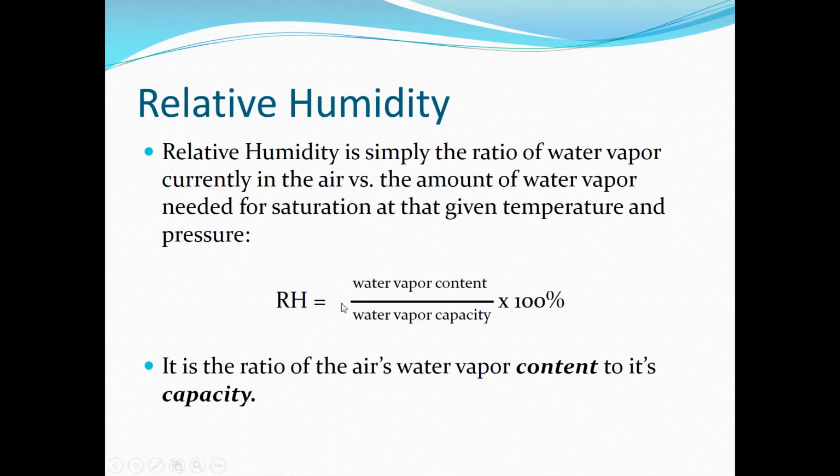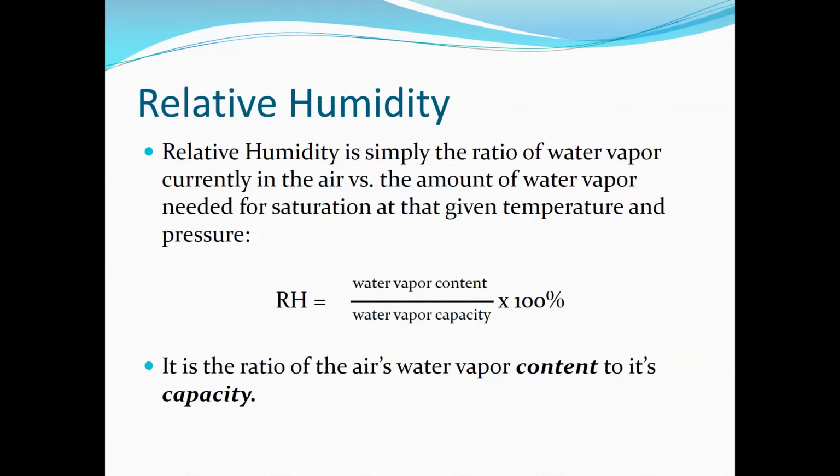Here you have to look at the saturation vapor pressure, and the way to figure that out is you need to know what the temperature is. So really, at the end of the day, you can change relative humidity by one of two things: either change how much water vapor is in the atmosphere or change the temperature.